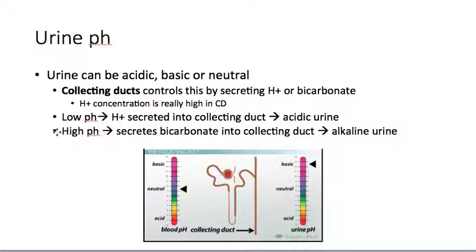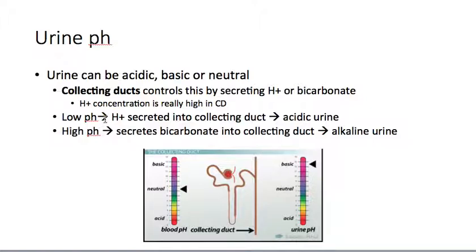When people have a really high pH state, so they have alkalosis, we can secrete the extra bicarbonate, the extra base into that duct, so that when you're looking at the urine, it is a high pH. So you can determine what state the body's in by looking at the pH of the urine, because the kidneys can excrete whatever is extra. That's a nice little trick that they can do.